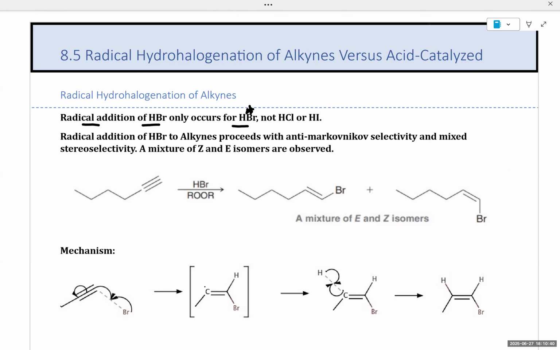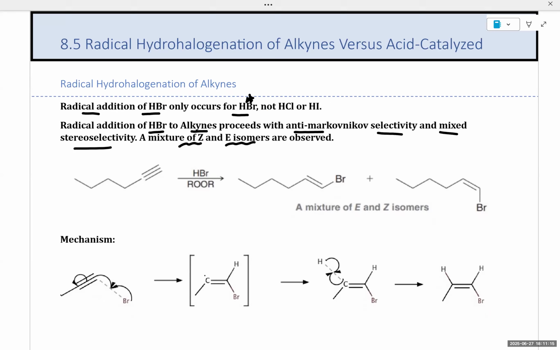The reason has to do with the stability of the bromine radical and the fact that when you do radical reactions with the bromine radical, you get better control in terms of your product selectivity compared to chlorine or iodine. So radical addition of HBr to alkynes proceeds with anti-Markovnikov selectivity and mixed stereoselectivity. In other words, you get a mixture of E and Z isomers.